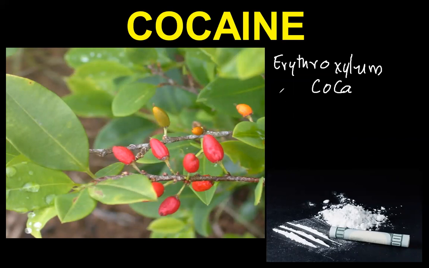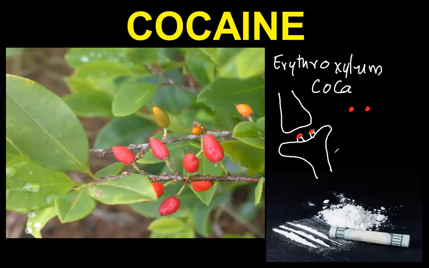So what exactly does it do? If you remember the synapse you studied in class 11, there are receptors in the synapse. When someone takes the drug, the molecules of the drug are complementary to the receptors. So instead of the neurotransmitter, the drug binds there. After binding on the receptors, it stimulates the neurons, and the neurons produce a chemical called dopamine.